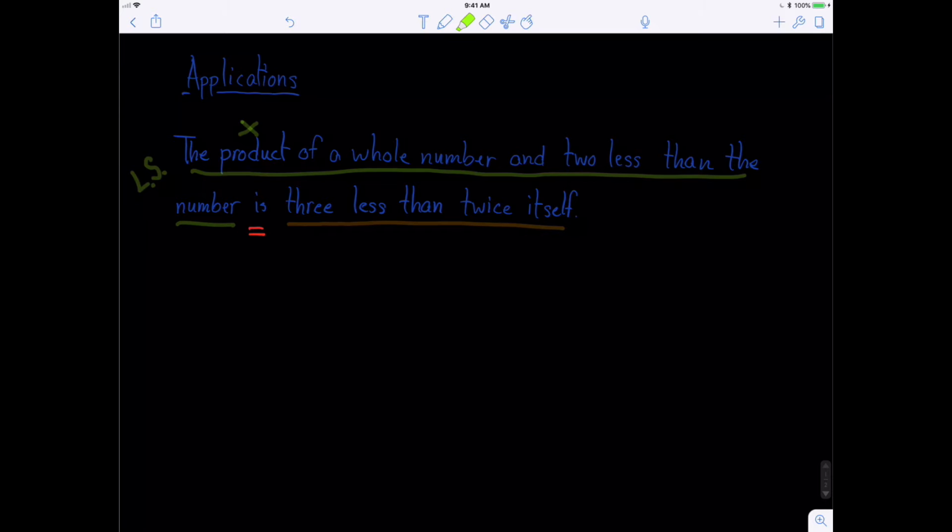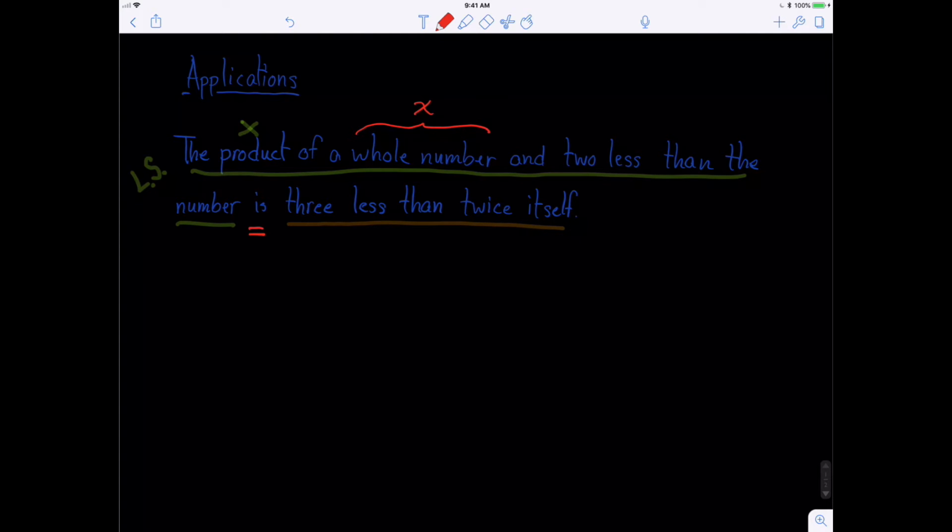So we have a number, but we don't even know what the number is. So here we can begin to make some notes. Since we don't know what it is, let's call our whole number x. And then it says, and 2 less than the number.